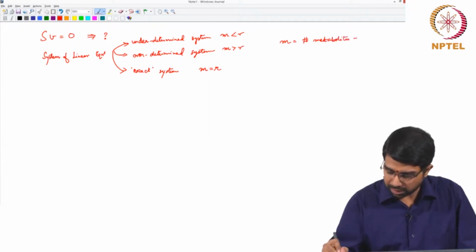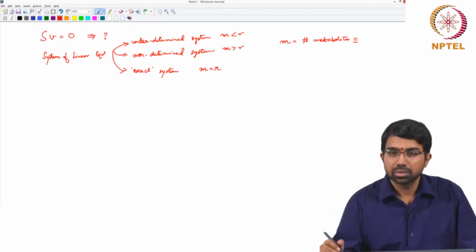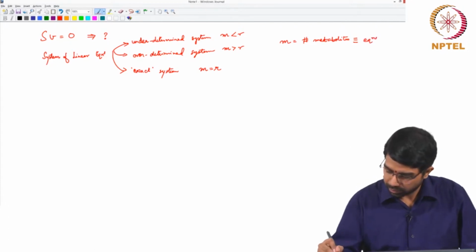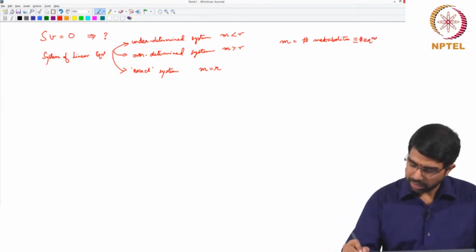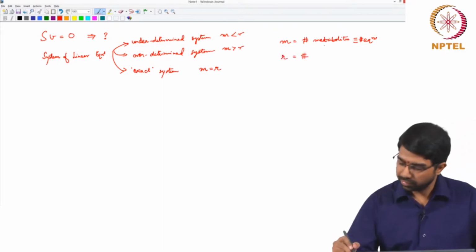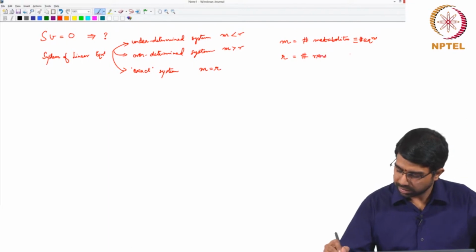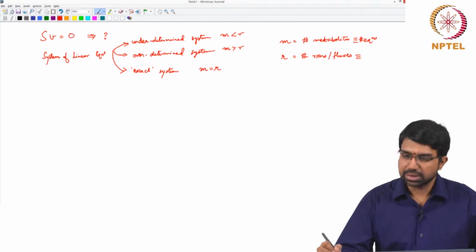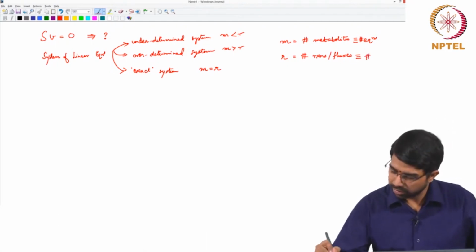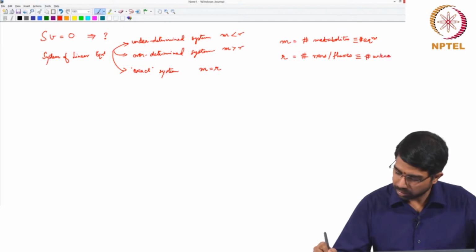M is the same as the number of equations. Every metabolite has an equation. R is the number of reactions or fluxes, which is the same as variables or unknowns.